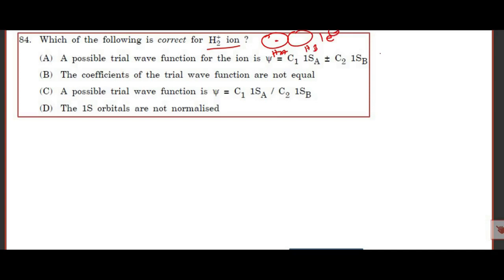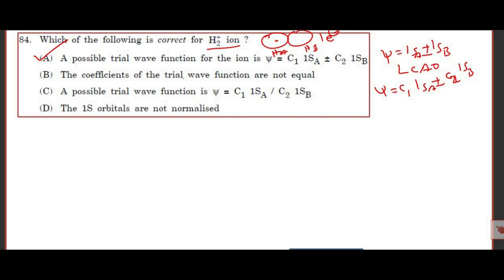Here psi equals 1sA plus or minus 1sB, which is known as linear combination of atomic orbitals. Hence psi is given as, if we put constants, C1 1sA plus or minus C2 1sB. Hence, option A is correct.